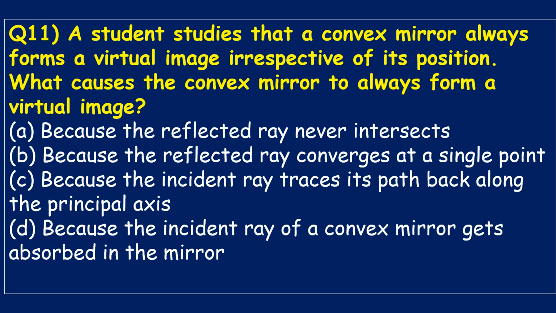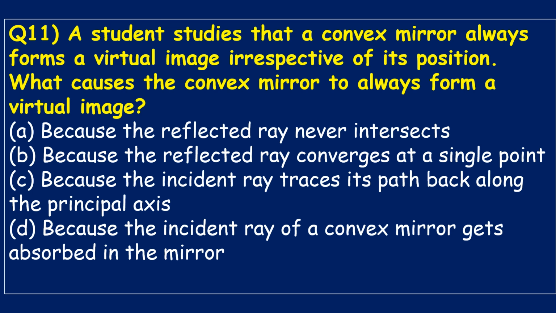We know that a concave mirror is a converging mirror, whereas a convex mirror is a diverging mirror. A real image forms when reflected or refracted rays intersect each other directly. But since a convex mirror is diverging, the reflected rays never intersect directly.